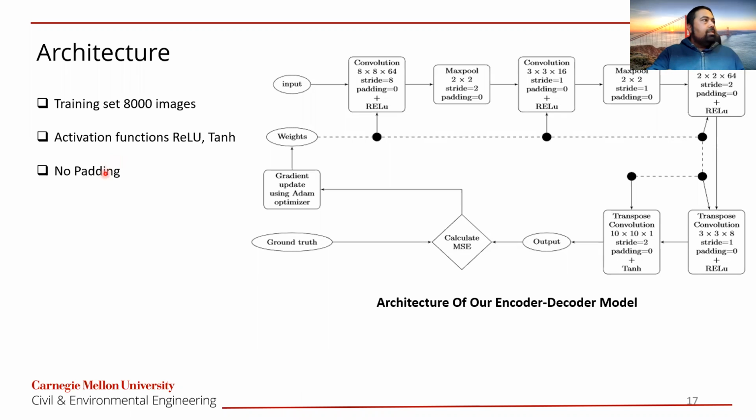One thing that we did was that we are not using any padding in our architecture, because we don't want to use any information outside the domain. Otherwise, it will create unnecessary noise, and that was reducing the accuracy. We also did not use any upsampling layer, only transpose convolution, because we found that transpose convolution was much better compared to bilinear interpolation or others.